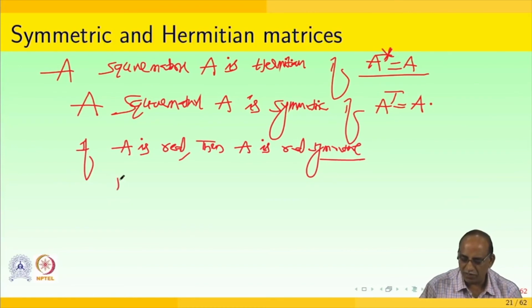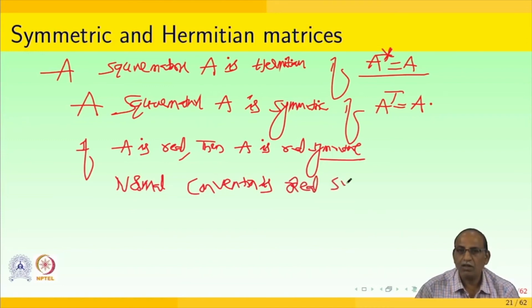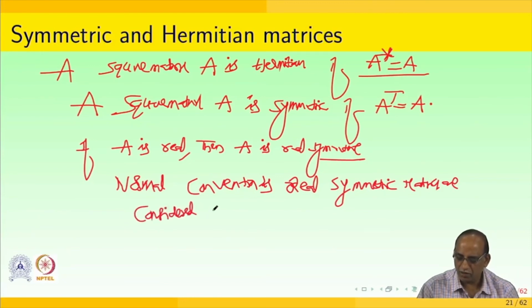So the normal convention is real symmetric matrices are considered as symmetric matrices.